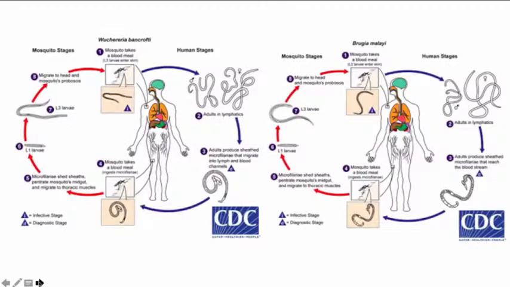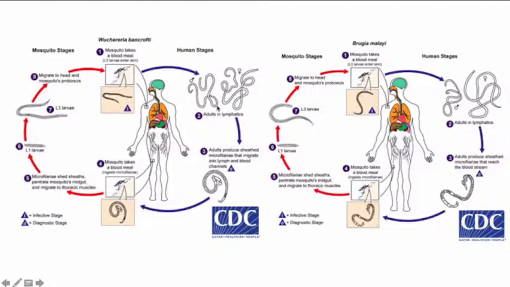This is just to remind us of the life cycle for the two organisms. It's spread by mosquitoes. The mosquito takes a blood meal, and during the blood meal, the L3 larvae are deposited into the skin, and then they progress and mature into the adult forms in the lymphatics, and you have two adult forms, the male and the female.